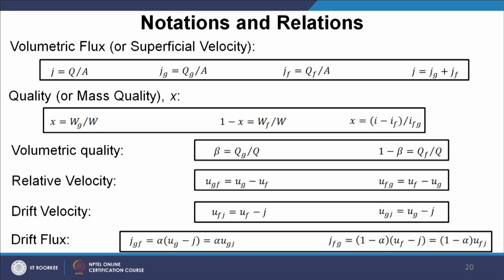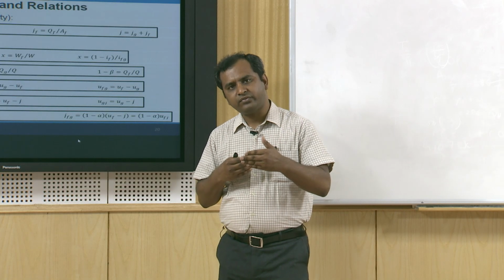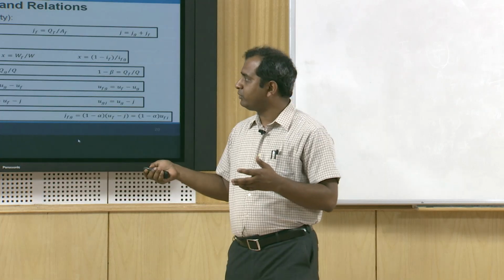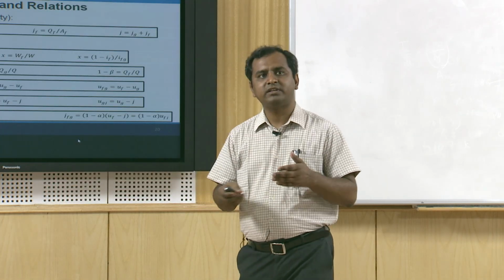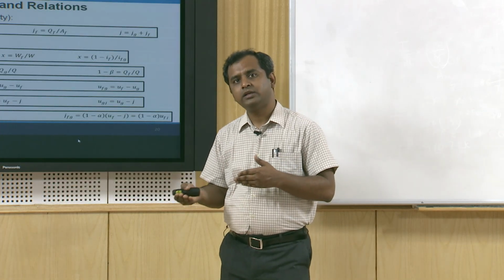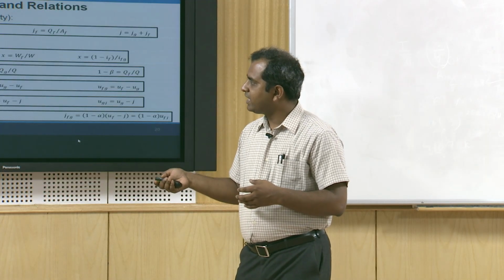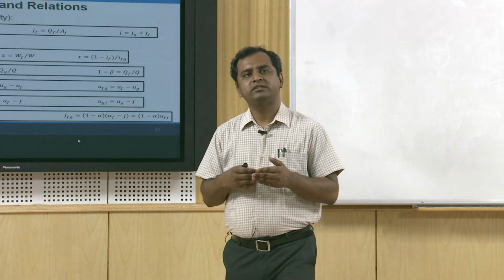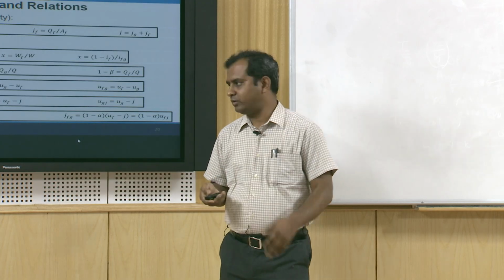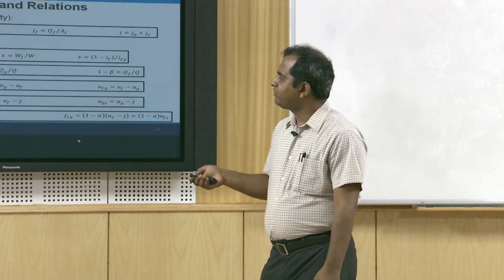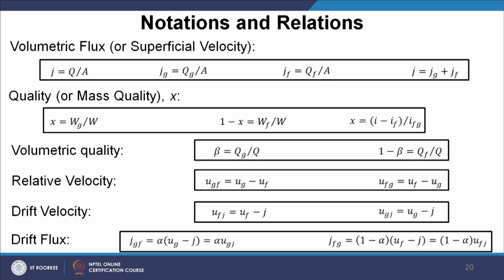Next, let us define another term called drift flux. Drift flux gives you an idea of how much liquid is drifting from the gas. Earlier, when we described drift velocity, that was how much a phase was drifting from the overall velocity. Here, we are finding out how much the phase is drifting relative to the other. So, we define JGF is equal to alpha into UG minus j.